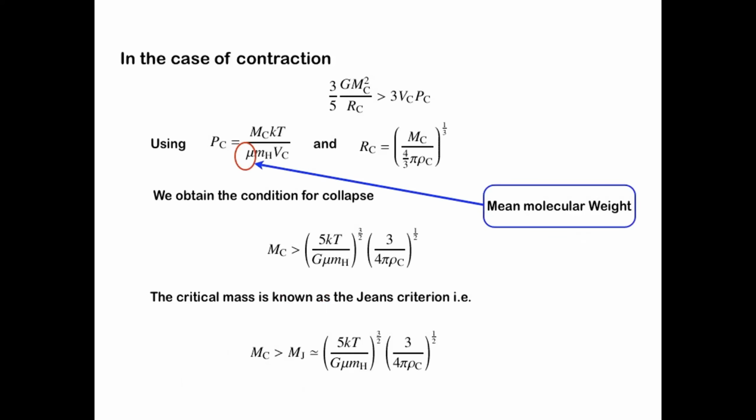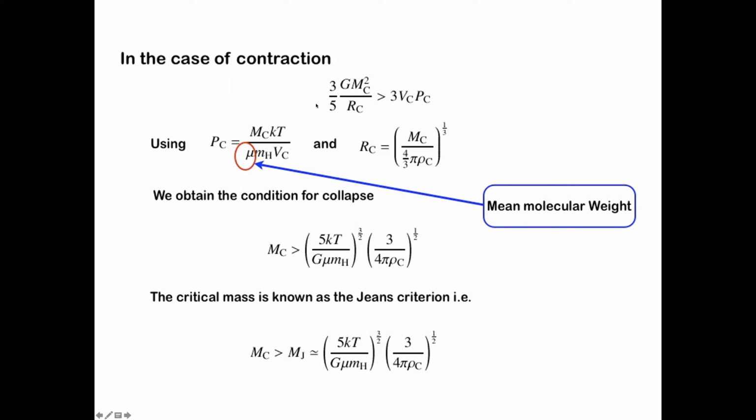And now we arrive at the Jeans criterion, again without doing any perturbation analysis, and with very simple equations. Of course, we are assuming a lot of things. But here, to arrive at the Jeans criterion, we simply start again from our virial theorem.